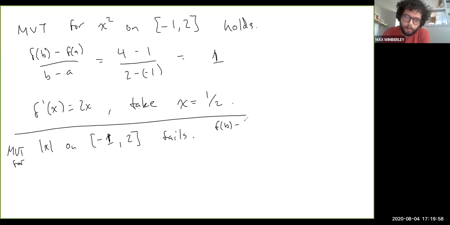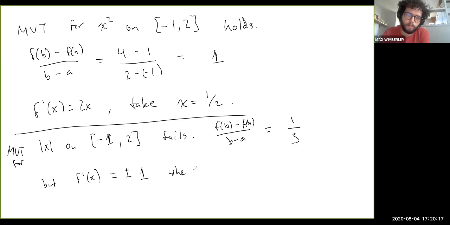f of b minus f of a over b minus a is 2 minus 1 over 3, so 1/3. But f prime of x equals plus or minus 1 whenever it exists, right?